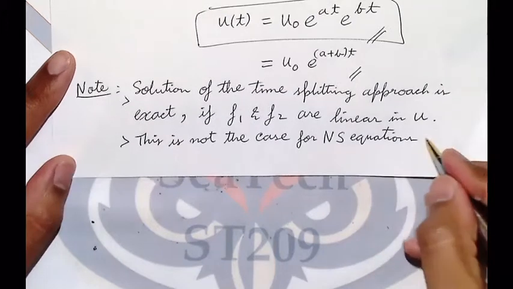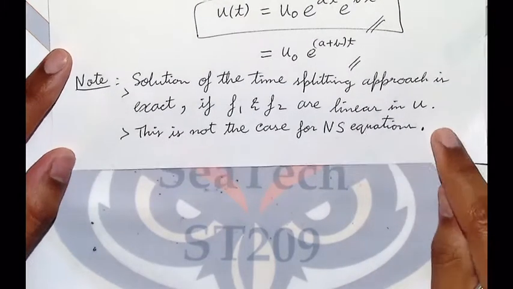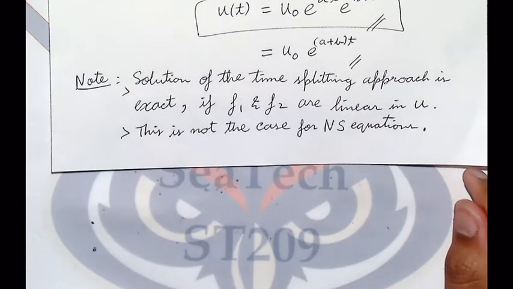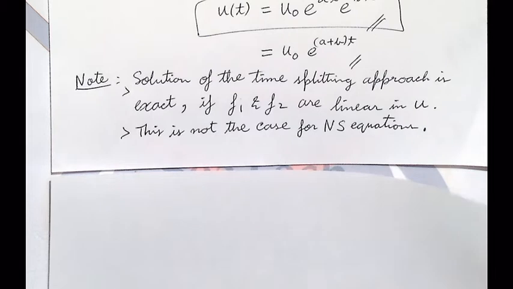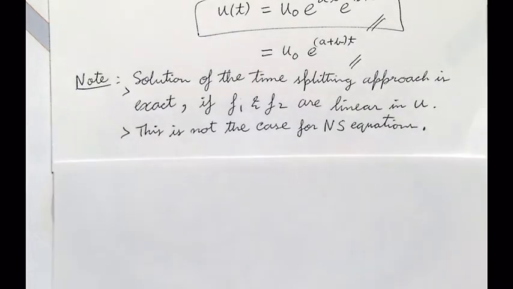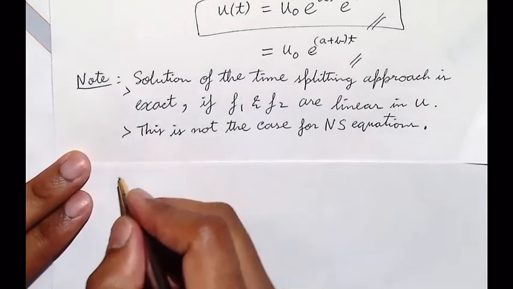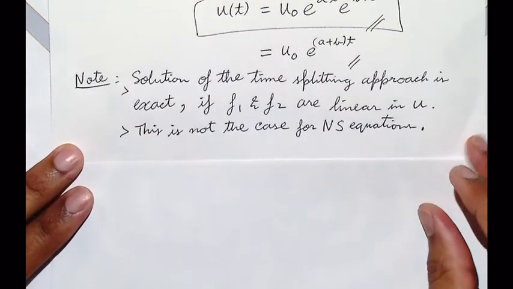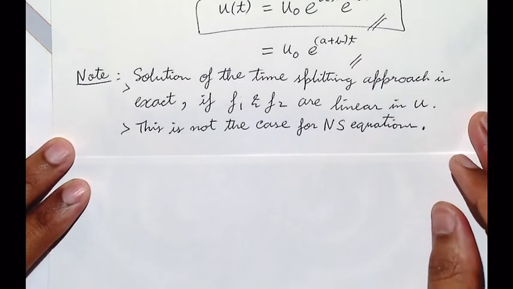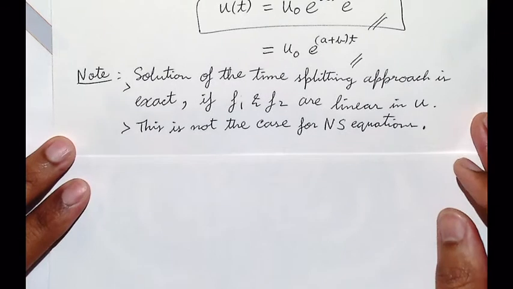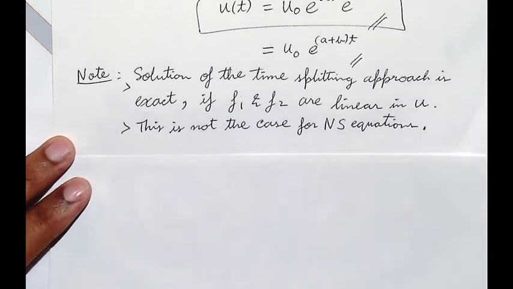Why is this not the case for the Navier-Stokes equations? Non-linearity. Which term is nonlinear in Navier-Stokes? In the momentum equation, the advection terms, u partial x, for example. Yes, the advection term is non-linear in Navier-Stokes, but the diffusion term is linear. The advection will mess this up.